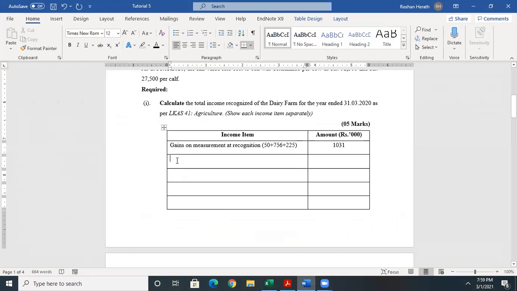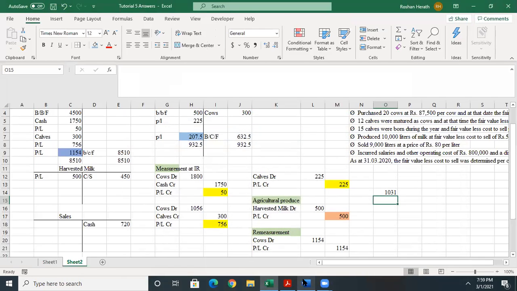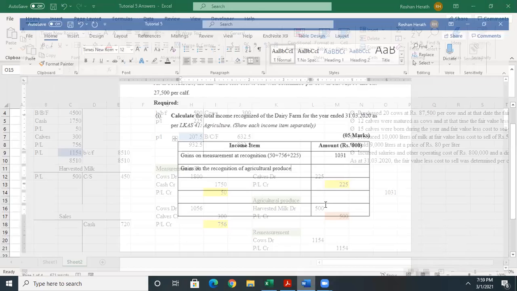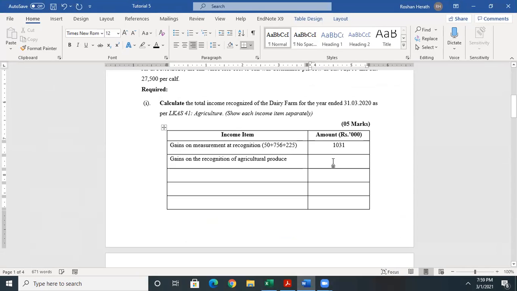Then we have seen there were some gains on the recognition of agricultural produce. There you have witnessed it was 500. That particular gain was 500.